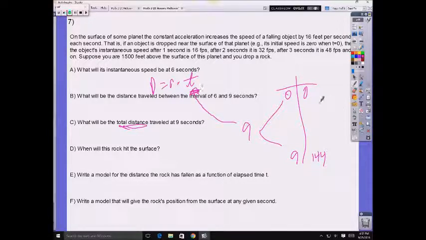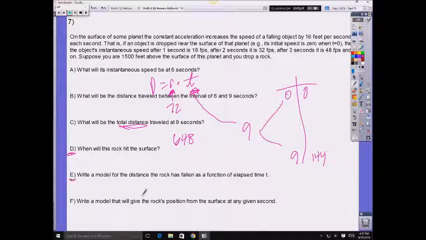For the rate, 0 was the slowest, 144 is the fastest, so I'm going to use the average of those two, which is 72. Since the speed was changing, you've got to use something right in the middle of the slowest and the fastest. So 72 times 9 is 648.